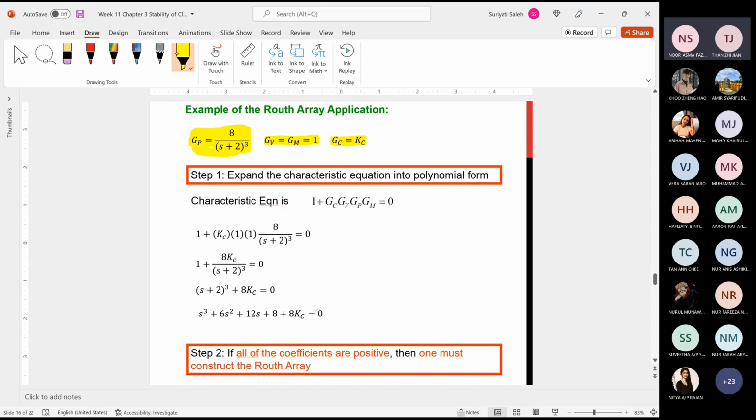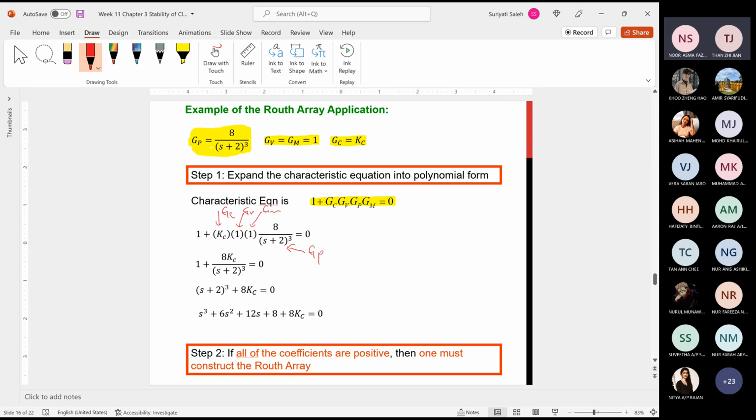We use 1 plus GC GV GP GM equal to 0. So we substitute GC equal to Kc, GV equal to 1, GM equal to 1, and lastly, 8 over (S plus 2) power of 3 is your GP.